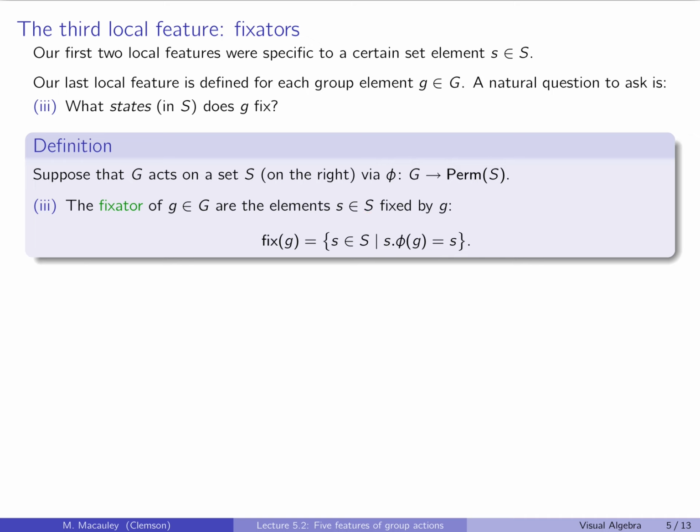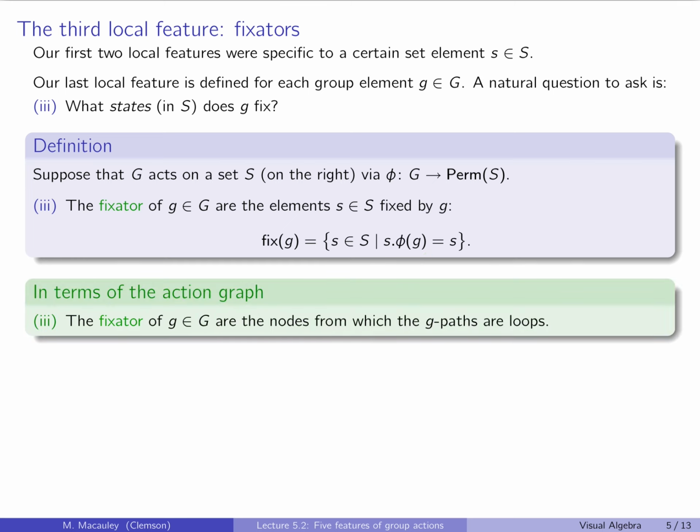So that is fix of g, again a lowercase f because this is a local feature, is the set of little s's in big S such that little s dot phi of g is equal to s. In terms of the action graph, the fixator of an element little g are the nodes from which the g paths are loops.